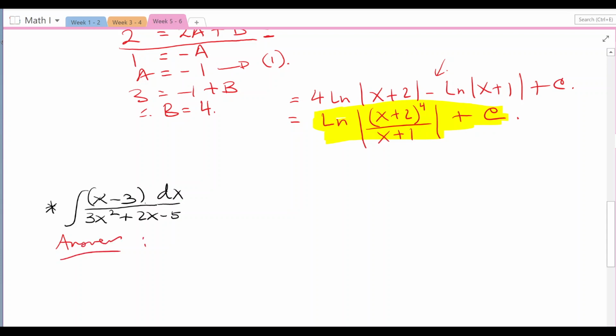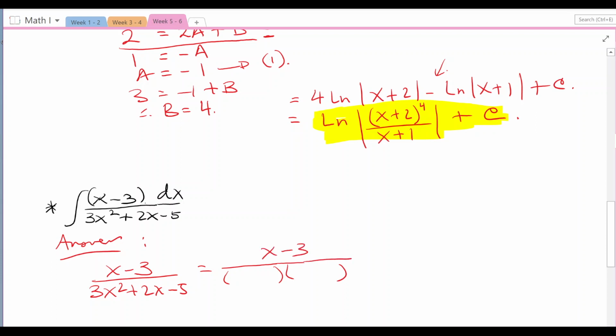This is equal to, well, let's decompose it. x minus 3 over 3x squared plus 2x minus 5 equals, well, let's decompose first into its factors. Sorry, let's find the two factors.